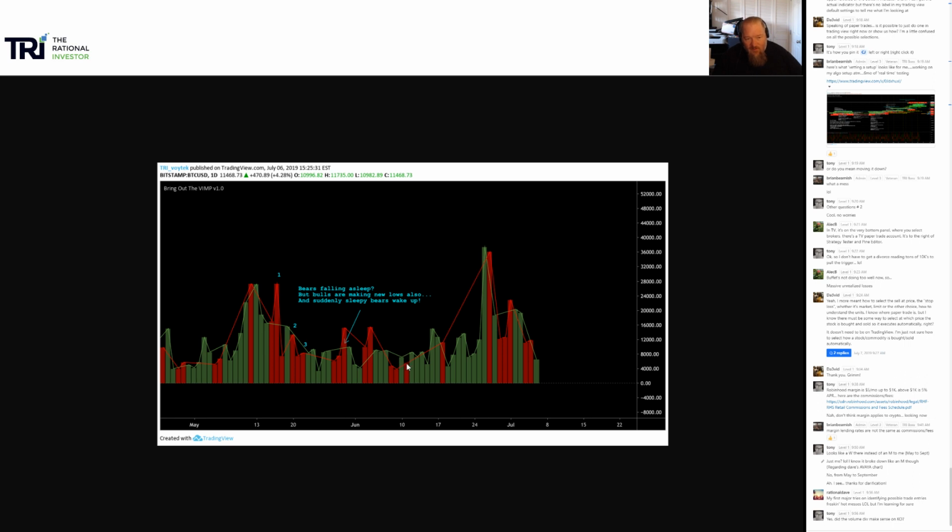So any break below this third one, any close below that would have been falling asleep, but they wake right back up here. So I feel like they were starting to fall asleep, and then they got the shock in there. Now you look at this, we got high, lower high, lower high, right? If we get a bearish volume bar confirmed below here, they are night night, but probably so is bull volume, right?